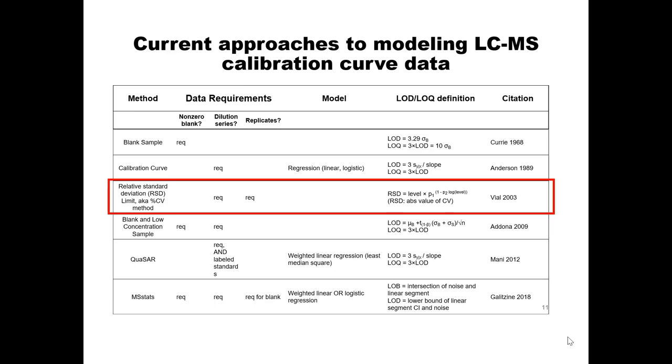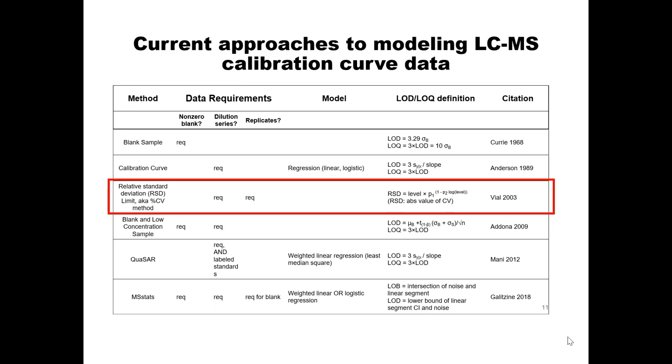So in this, the LOQ is generally defined as the point at which the %CV goes above 20%. So you would make some calibration curve and you would define the LOQ as being wherever the dilution point goes, or just before the dilution point goes, above the 20% CV.